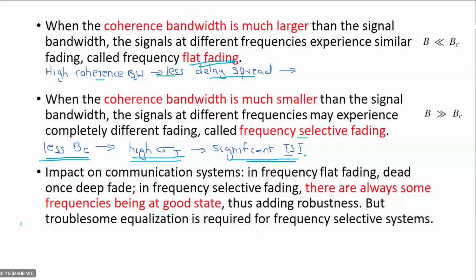That is, if coherence bandwidth is greater than signal bandwidth, then we call such a system a flat fading system.